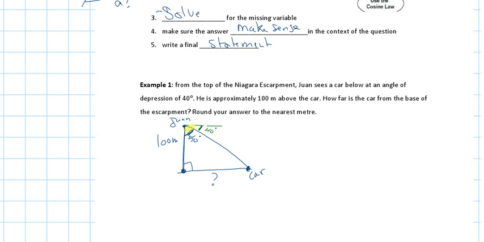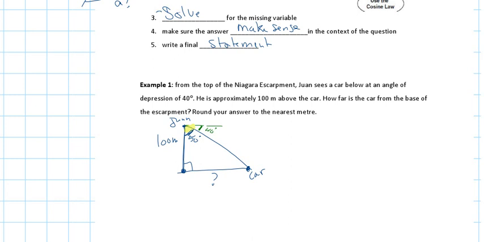Where is my angle of interest, the angle that's given to me? 50. 50 is my angle of interest, or angle of focus. Now, with respect to that 50, where's your opposite, where's your adjacent, where's your hypotenuse?